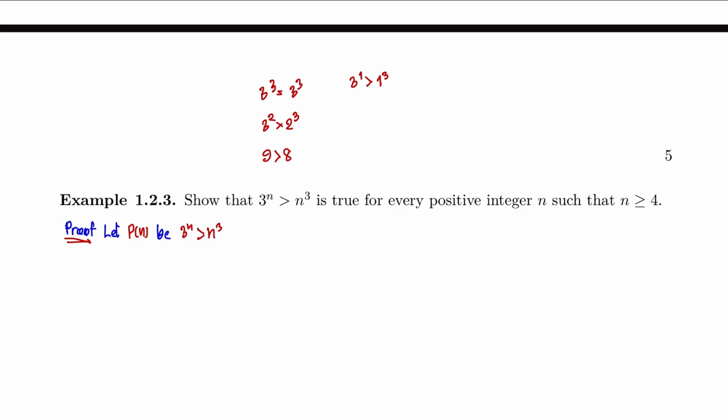Then we will show that P of n is true for any positive integer n such that n is greater than or equal to 4.